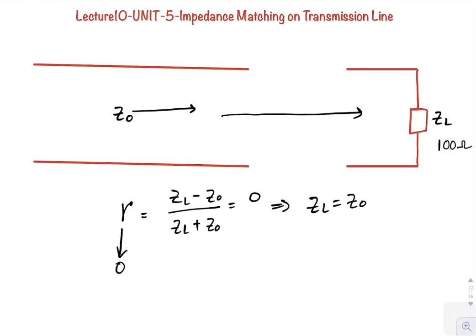Whereas the characteristic impedance of the transmission line that we generally use, let us say a coaxial cable, is either 50 ohms or 75 ohms. If you try to connect this load or antenna to a transmission line whose impedance is 50 ohms, definitely you are going to get some reflection coefficient which is not equal to 0. Or else you can say a standing wave exists on the transmission line.